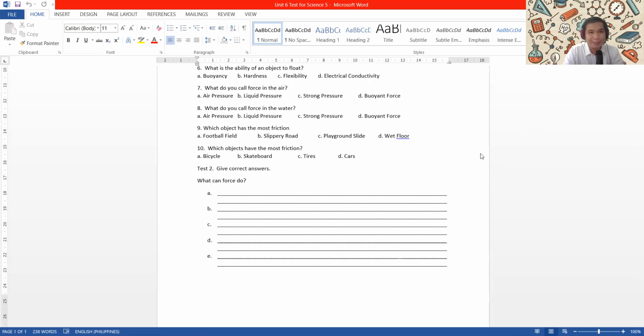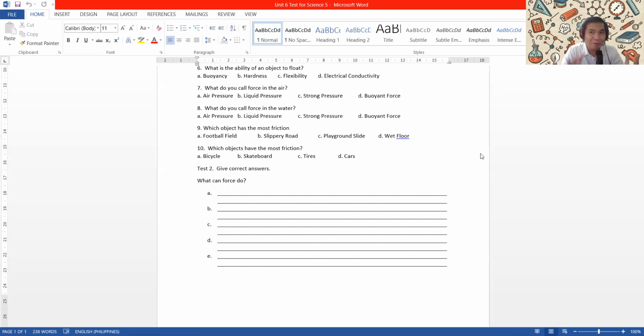Well, force can do 6 things. It can, number 1, make an object that is not moving move. Number two, make an object that is already moving move faster. Number three, make an object that is moving slow down.